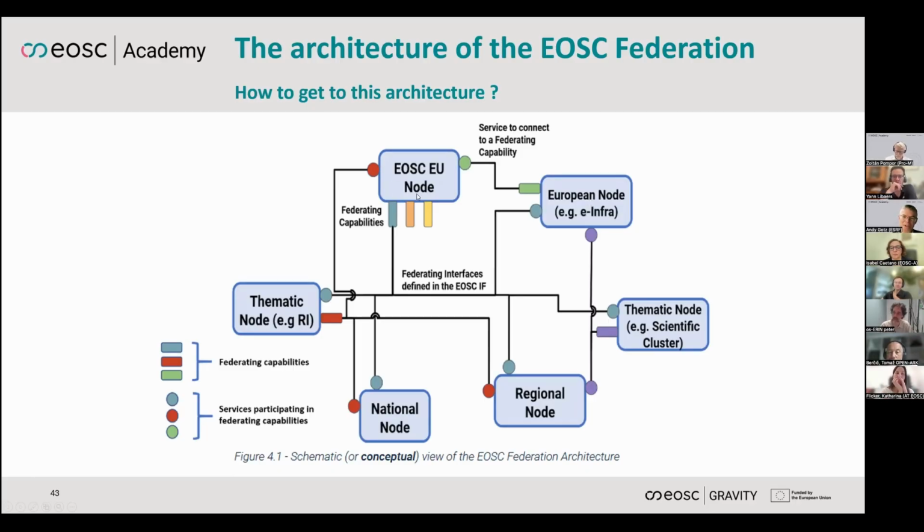They will be communicating with the EU node and also with each other via what they call federating capabilities they implement, and there are defined interfaces which allow them to communicate with each other. This is what we're trying to get to, and it has been committed to have this by October, hopefully for the 13 first wave nodes plus the EU node.